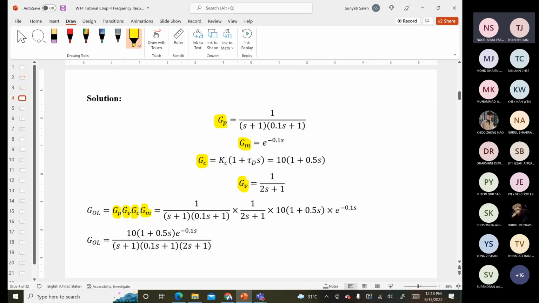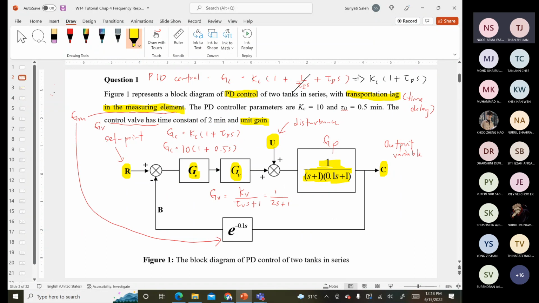Why do we need to account for all of these transfer functions? We refer back to the block diagram. We want to consider the closed loop behavior, closed loop stability. The closed loop itself is in this range, whatever transfer function inside the loop. So for frequency response, whatever block diagram available in the loop needs to be considered.